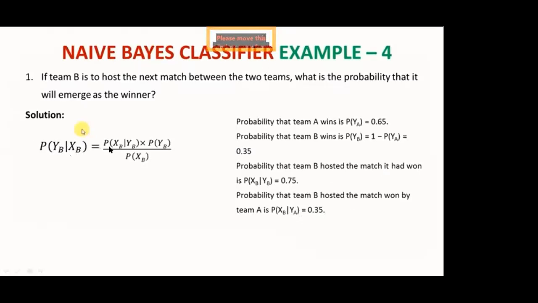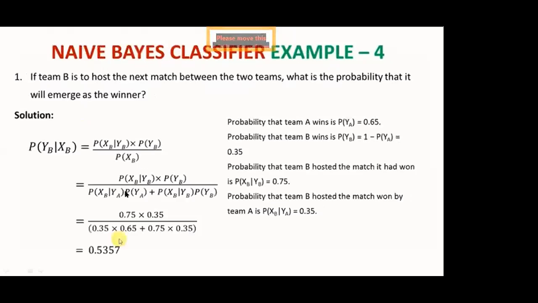So if you apply Bayes theorem, it is probability of XB given YB into probability of YB divided by probability of XB. But we don't know the denominator, probability of XB. Probability of XB means the overall probability of matches hosted in team B ground.